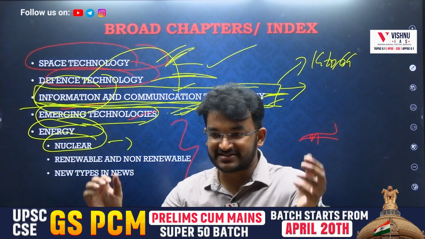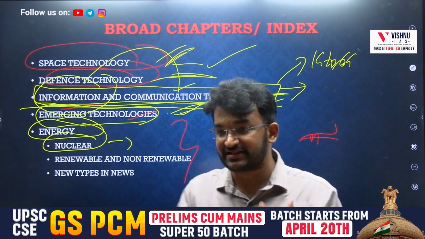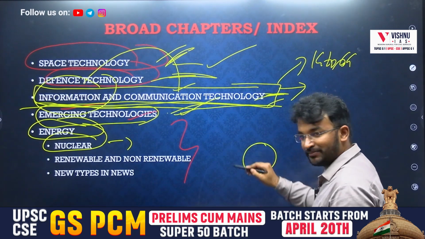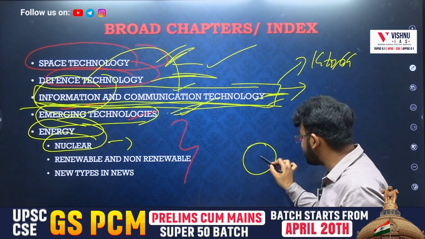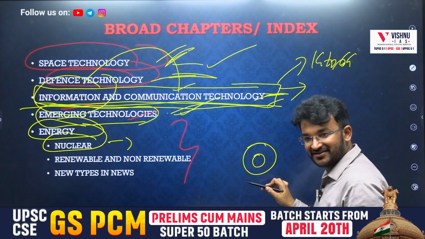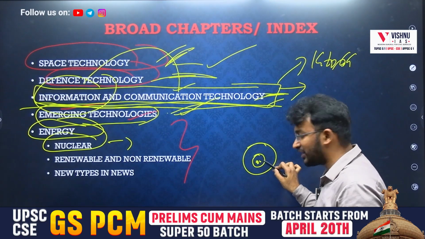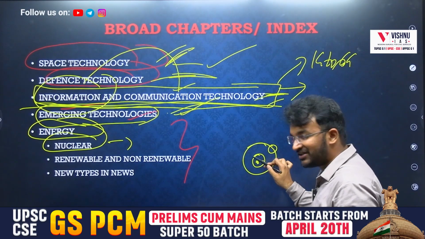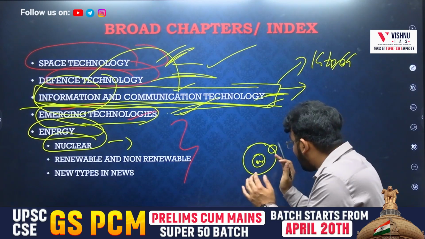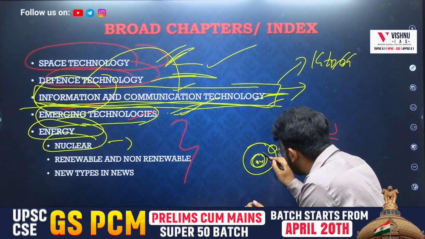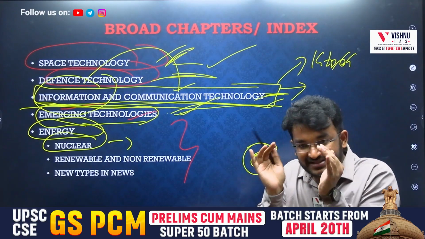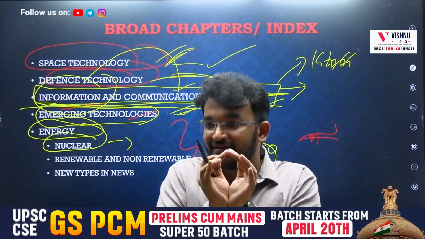Basically, for example, we might have seen in our childhood the atom. In an atom, at the center there will be the nucleus. In the nucleus we have protons and neutrons. Around them we have electrons. How are these protons and neutrons held together? Inside that we might have seen some shell.